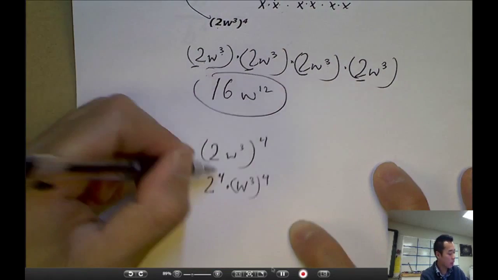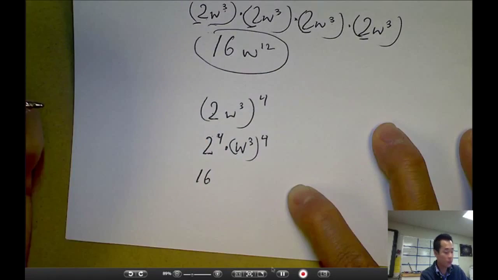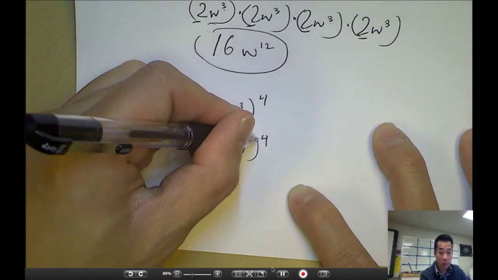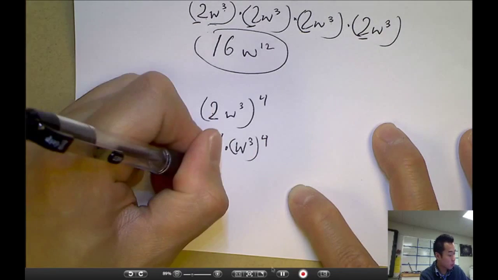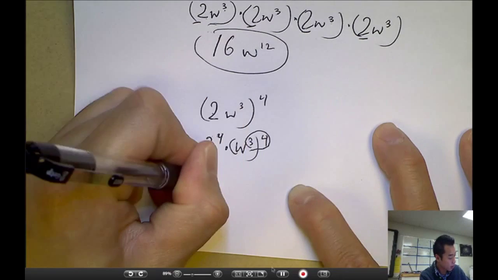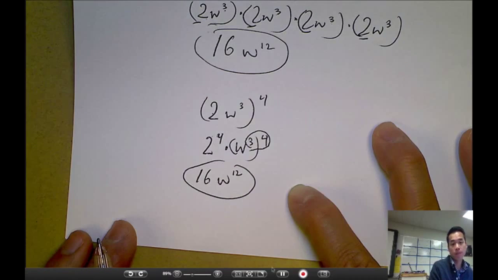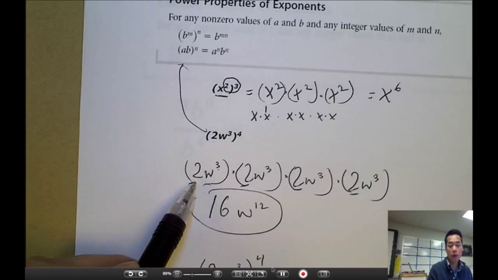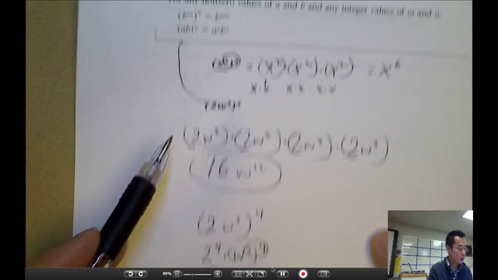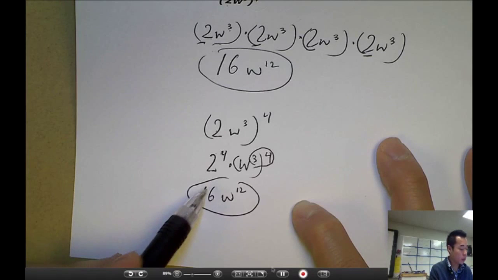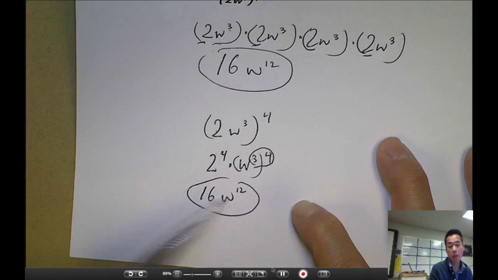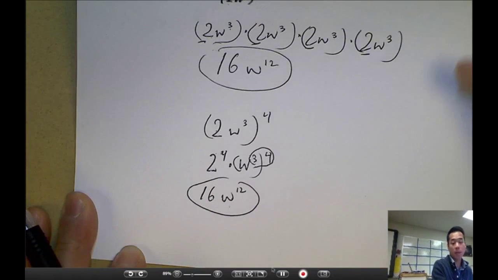Well, 2 to the 4th power is 16. W to the 3rd raised to the 4th power would be, you multiply those together, and you get w to the 12th. Either way works. Okay, so a little bit more expanded from this, but the shortcut would be you would apply the exponents to the number first, and then you would multiply your integers in the second part.